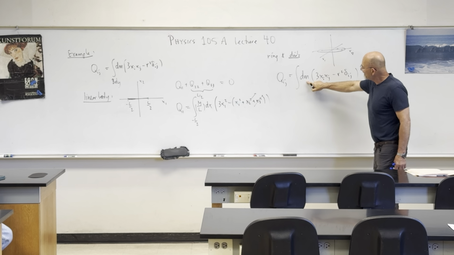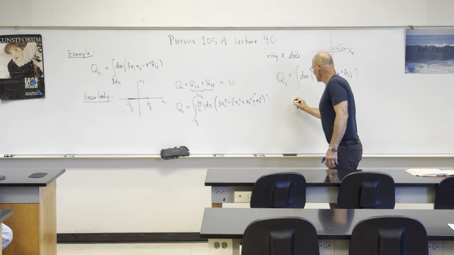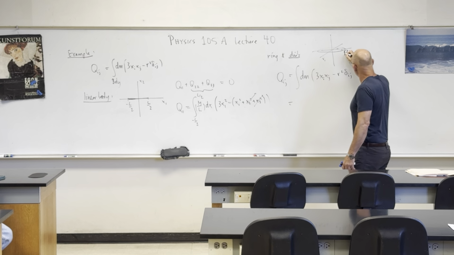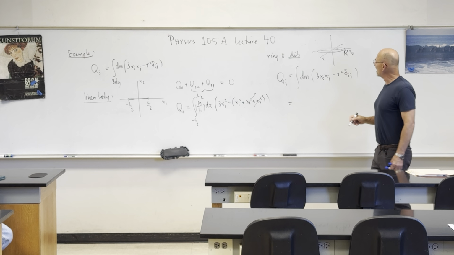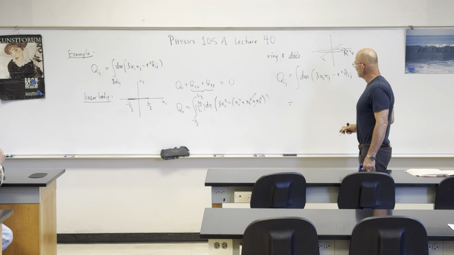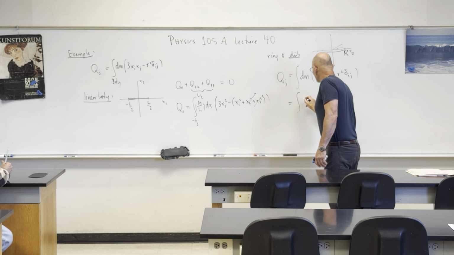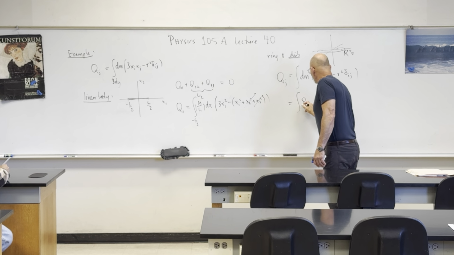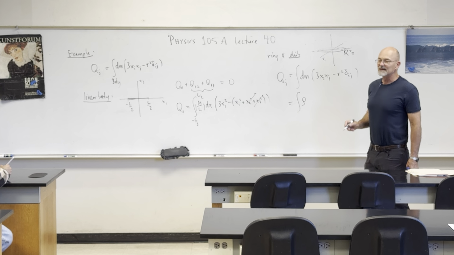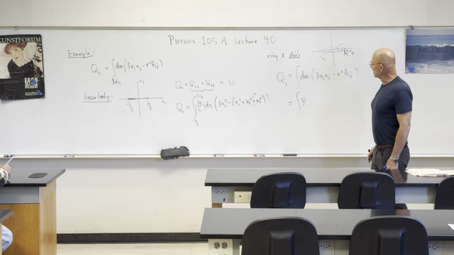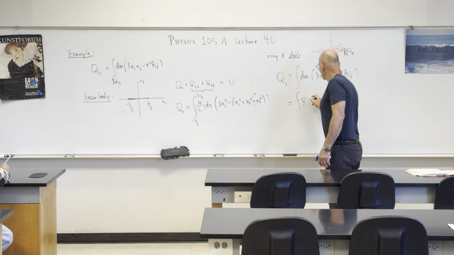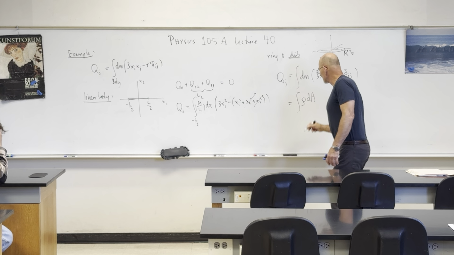Okay. So now for the dm. We're going to integrate over the uniform disk of radius R. So this dm, I'm going to write, is the density times d area.